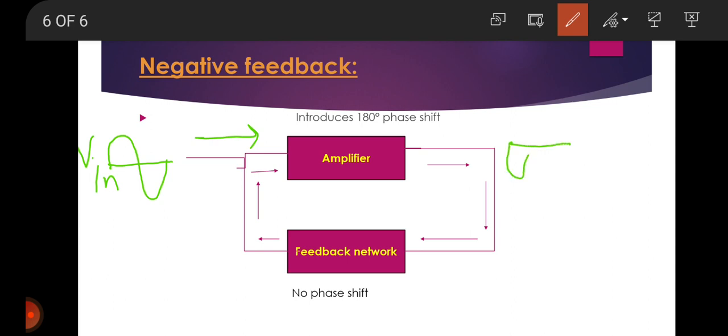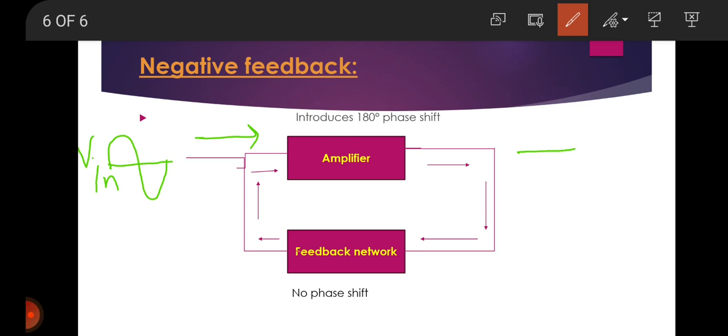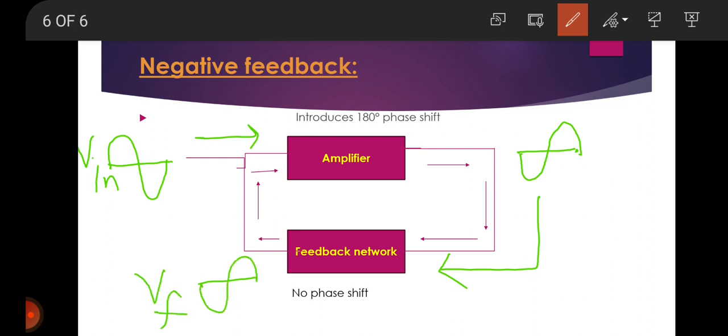Therefore, this wave is like this. Then this voltage is applied to the feedback network, but in negative feedback the network does not introduce a phase shift. Therefore, we get the wave as it is. So this is our feedback voltage.